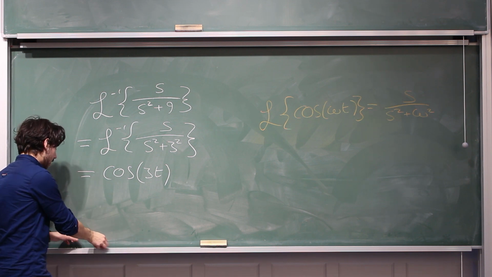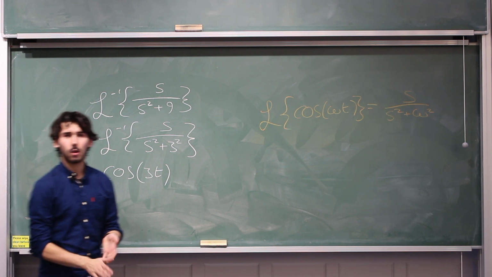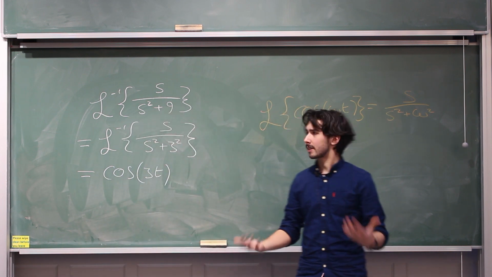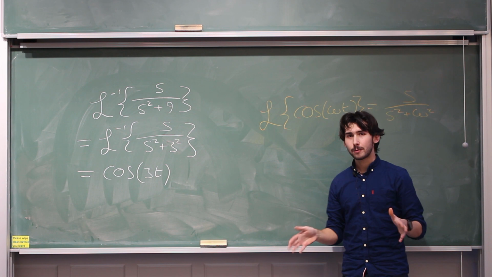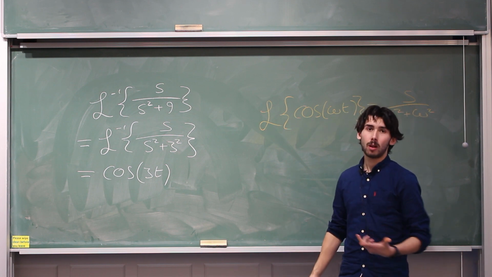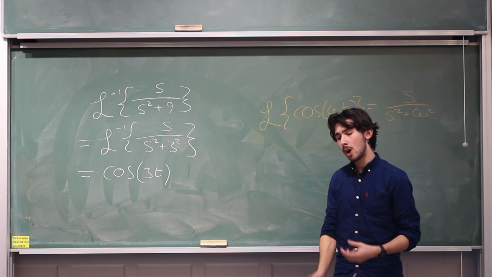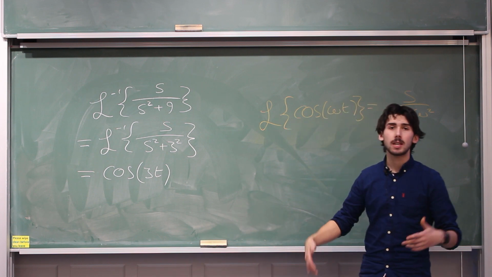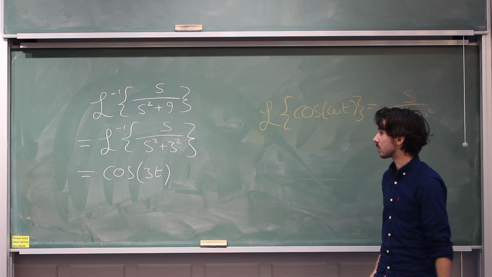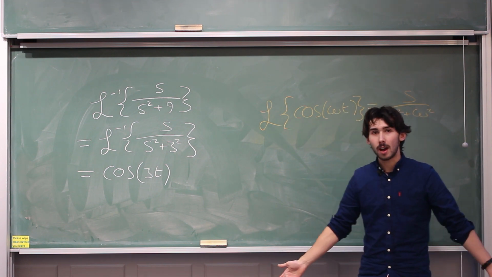Now guys, you might be thinking, that's all well and good, it doesn't really seem that hard, but I don't think that I would be able to do that. Like, can I replicate this? All you have to do for these is just practice them. Realistically, if you have an exam on Laplace transforms, you will have a table of all of them, or you'll be allowed to take in some notes, a cheat sheet where you can write down all of the Laplace transforms. I would recommend writing them all down in that case.